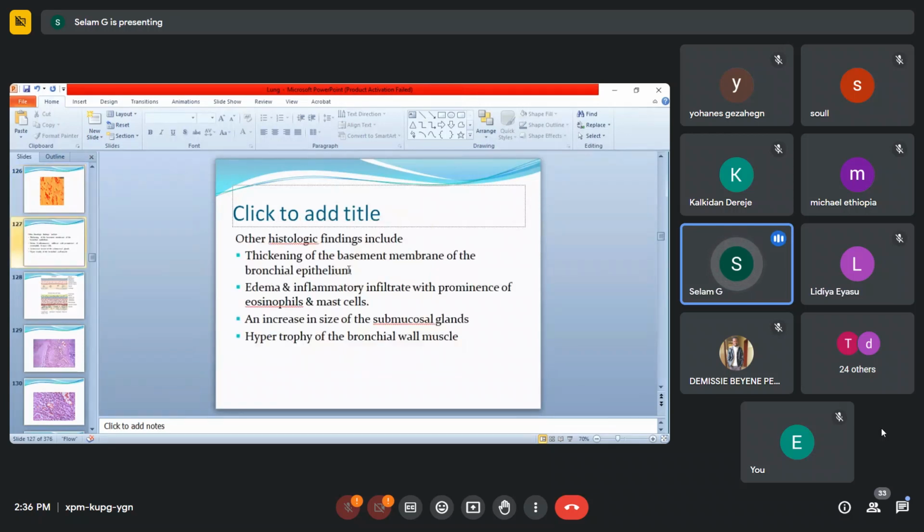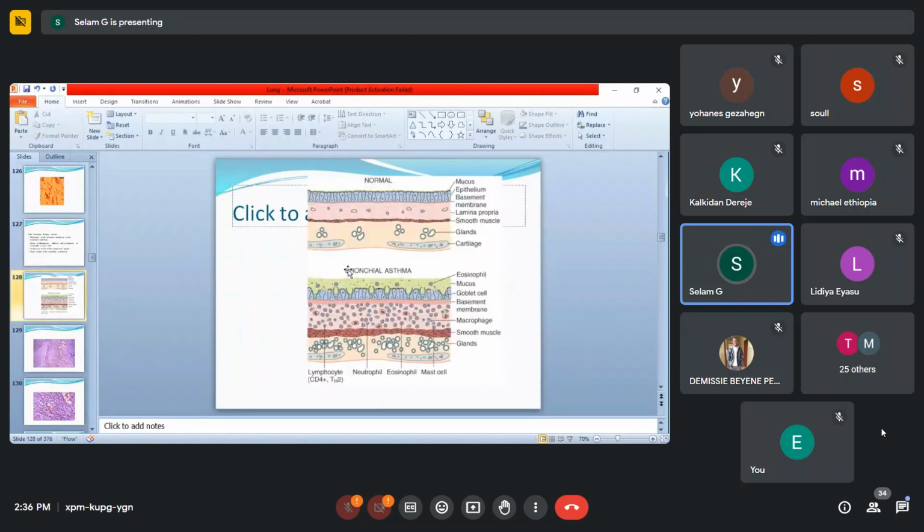Other histologic findings include thickening of the basement membrane of the bronchial epithelium, edema, inflammatory infiltrates with prominence of eosinophils and mast cells, an increase in size of the mucosal glands, and hypertrophy of the bronchial wall muscle. So you see the normal epithelium, submucosa, glands, and cartilage.